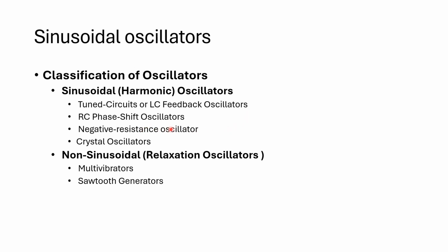We have RC phase shift oscillators. One popular example of an RC phase shift oscillator is the Wien Bridge oscillator. We have negative resistance oscillators, and one type of negative resistance oscillator is the tunnel diode oscillator.